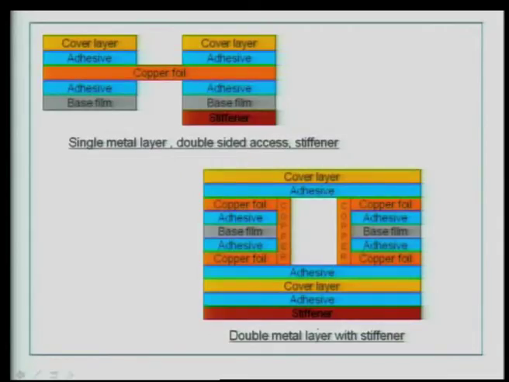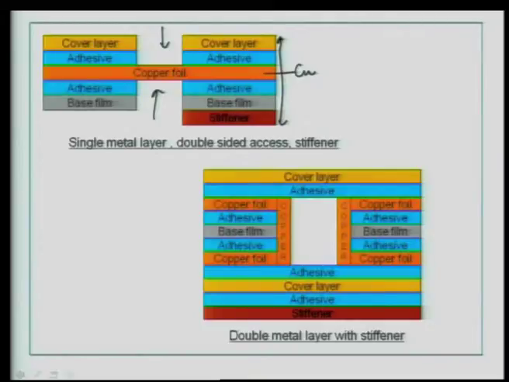Now, look at the structure here. Essentially this area is provided with a stiffener, but it is a single metal layer, that means single copper layer, double sided access and stiffener provided.